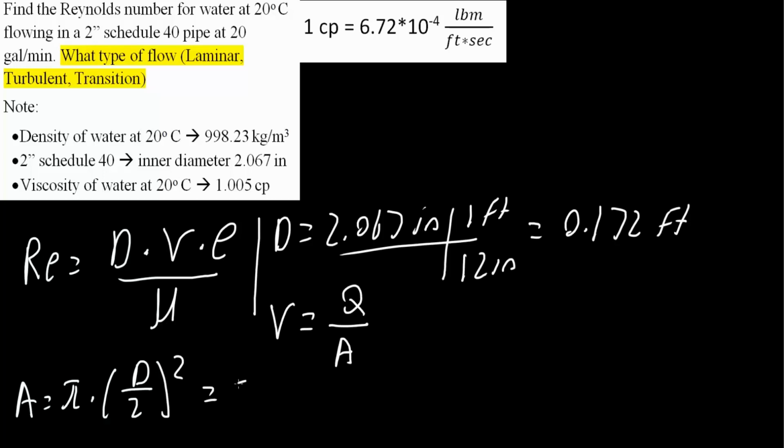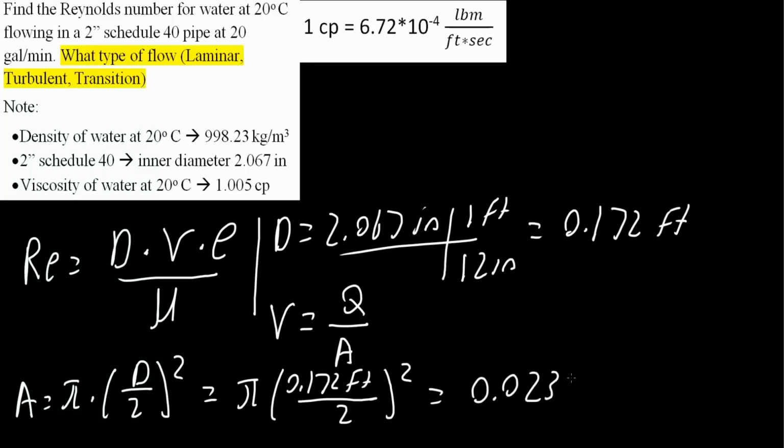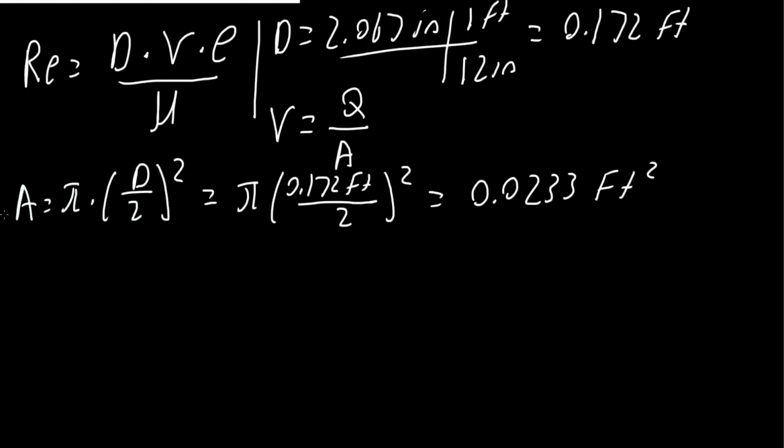So we get pi times 0.172 feet divided by 2, squared, and we get 0.0233 feet squared. We are given that it's 20 gallons per minute. That is the flow rate.